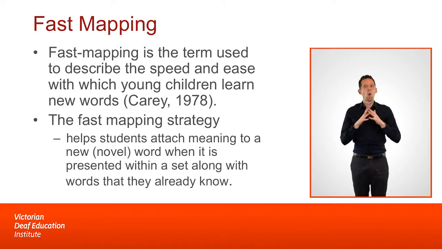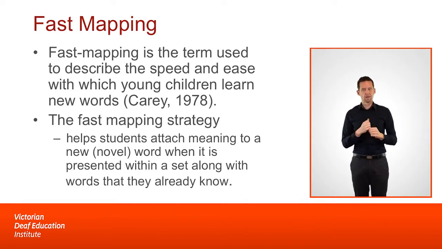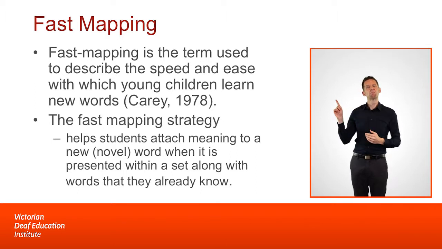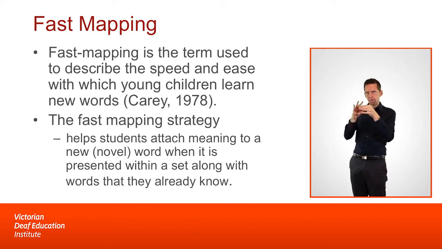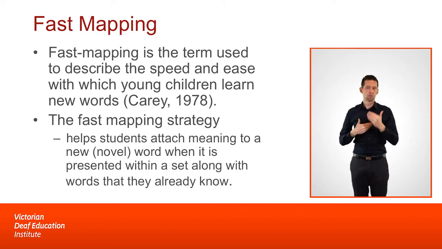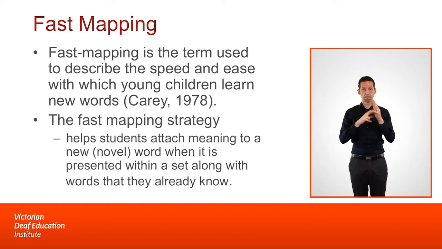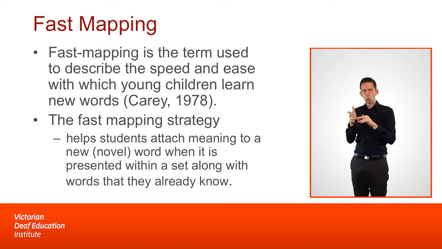So the way we start every unit is by doing fast mapping. Fast mapping is something that children do when they're very young. They notice new words and they attach new words onto new concepts, and they do this very rapidly. And so we've developed this fast mapping strategy to help students attach meaning to the novel words.